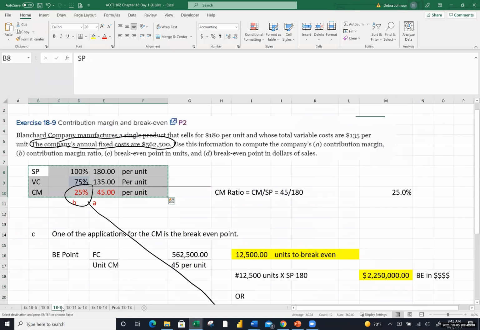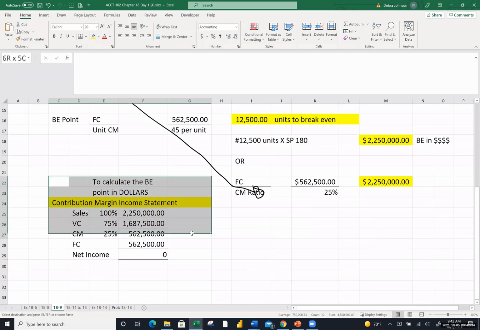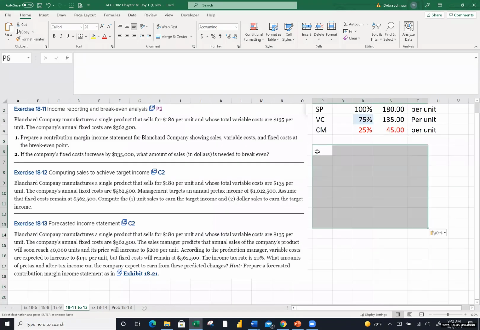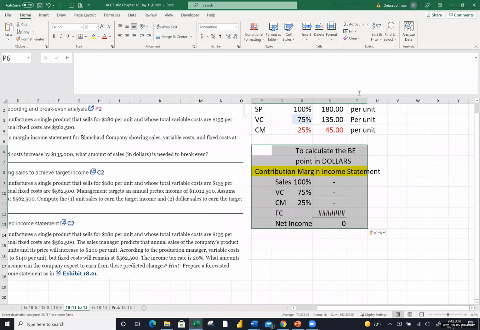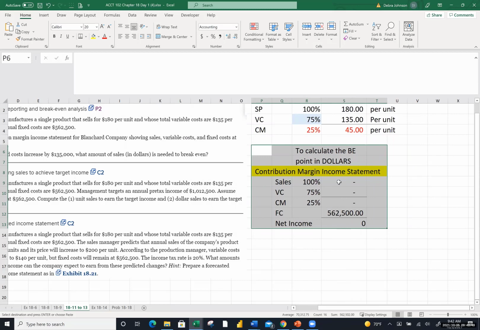Let's see if I can carry that over. Got ahead of ourselves. Was trying to prove something. Let me see if I can bring that over. If not, you can just put see previous page, or we'll fill it in here again. Okay.